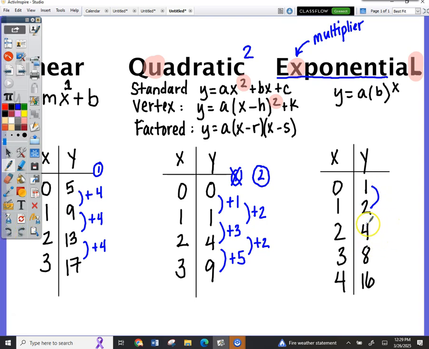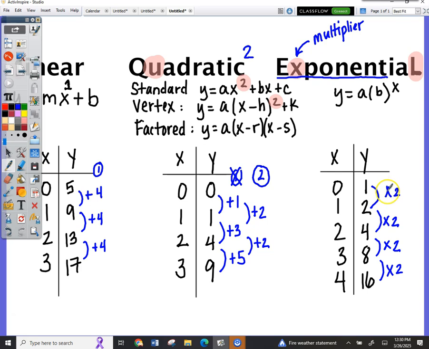Leave it. Repeat. Third number divided by the previous. Leave it. Repeat. Fourth number divided by the previous. Leave it. Repeat. What do you get the whole way down? 2. This is times 2, times 2, times 2, times 2.